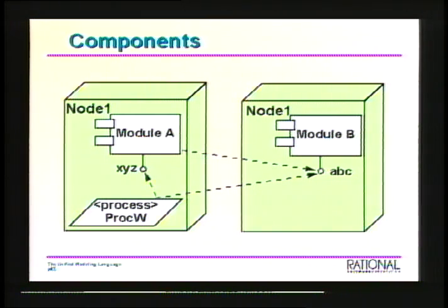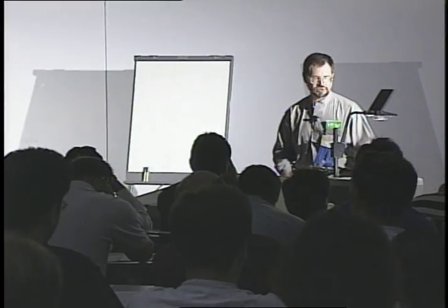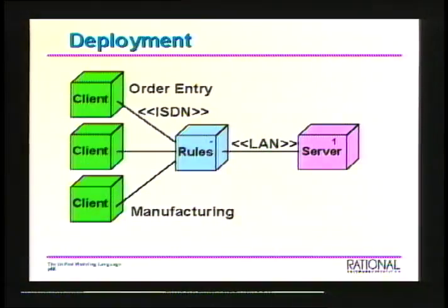So in this case, presumably this interface can be high bandwidth. These should be lower bandwidth unless we want to take a big performance hit. And finally, we can use the same sort of diagrams for showing the layout, the deployment of a system in terms of its runtime resources.